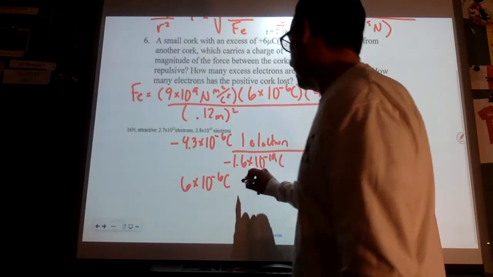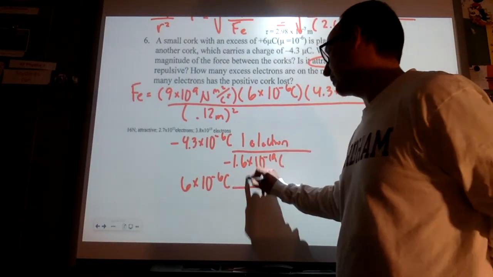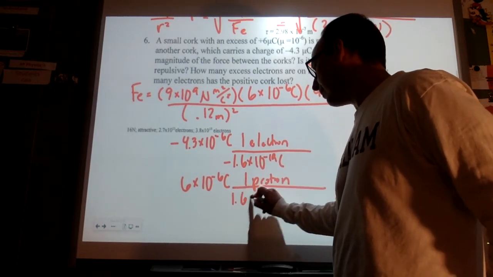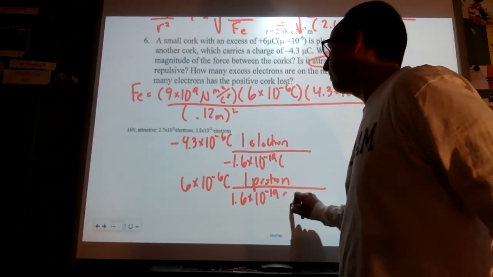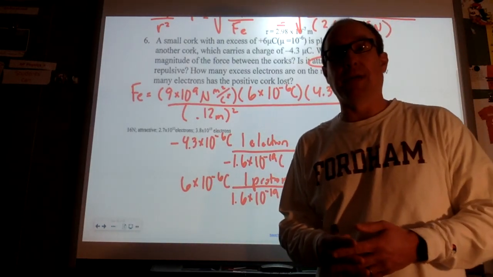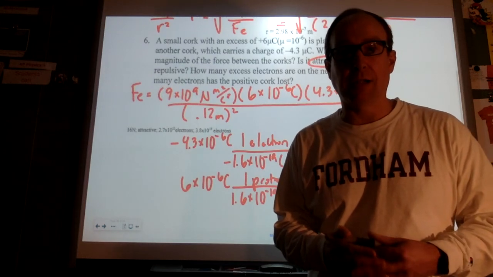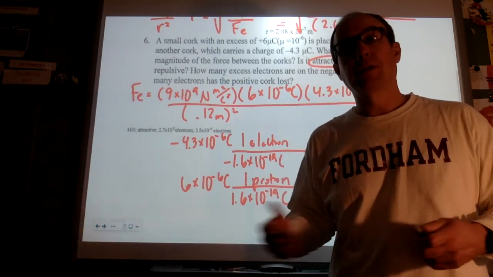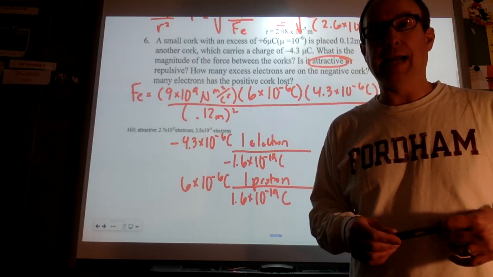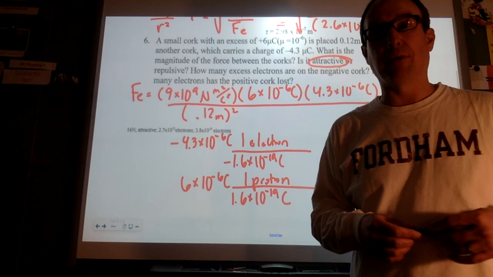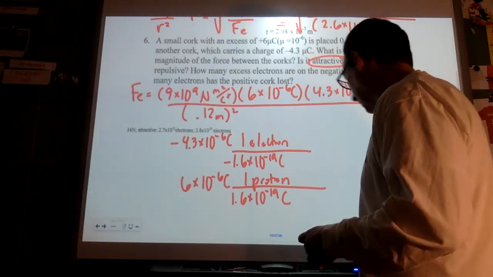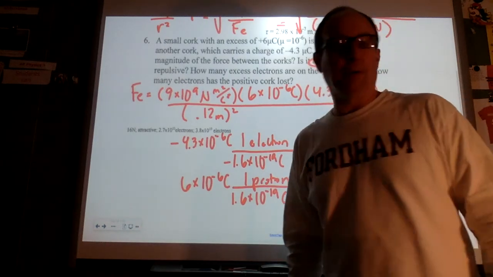And I would do the same thing with the +6. And again, we usually talk about things in terms of electrons gained or electrons lost, right? Because typically in an atom, it is more likely that you're going to get electrons off of it than protons, right? We identify what an atom is by how many protons it has.